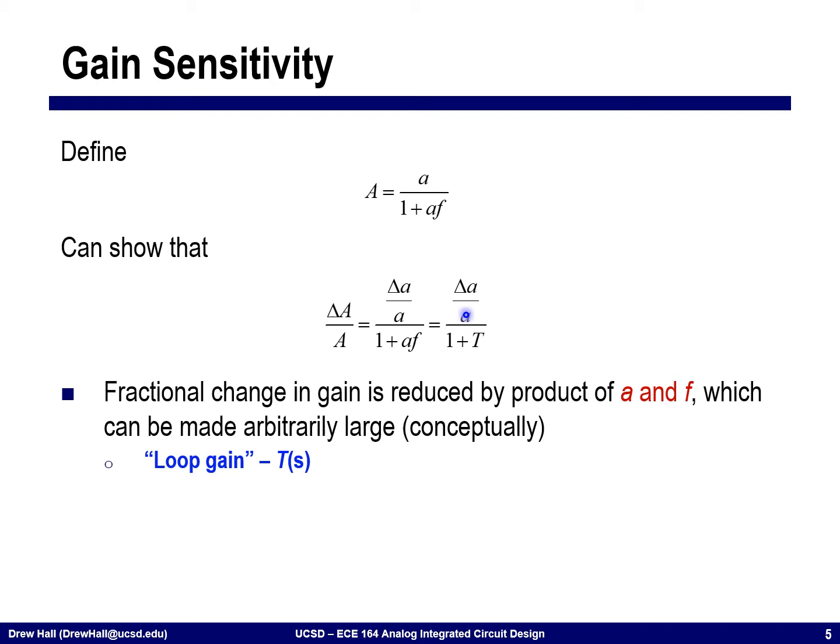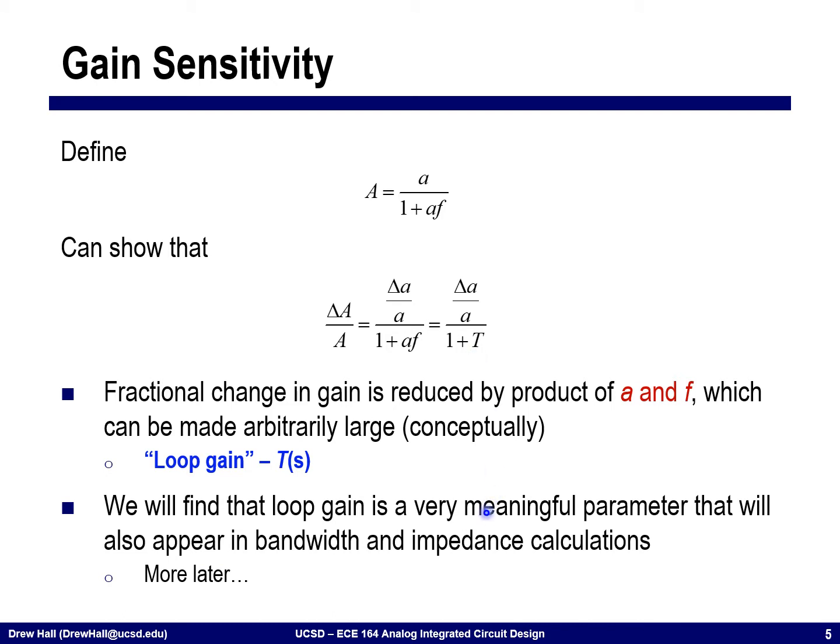And this 1 plus T term, in theory, we can make arbitrarily large. And so we're going to look at ways of dealing with what this T term does to other parts of the circuit in addition to the gain sensitivity.